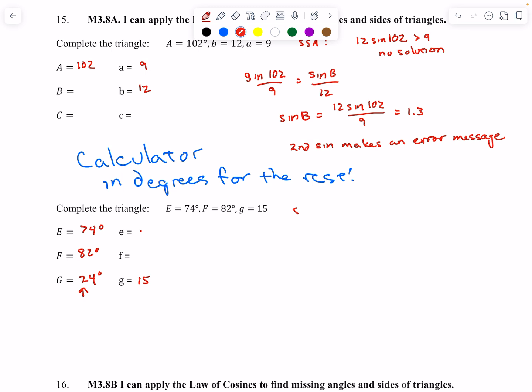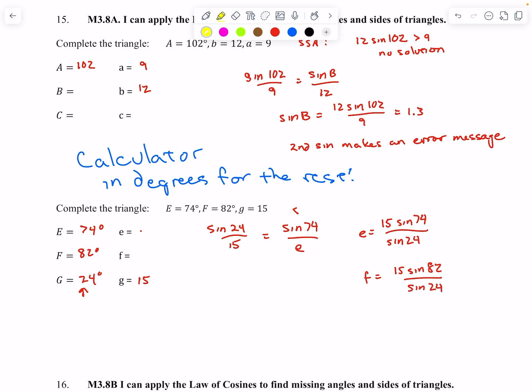Okay, set your calculator's mode to degrees. We'll do this. Notice that once again the sine of 24 and 15 end up upside down both times.